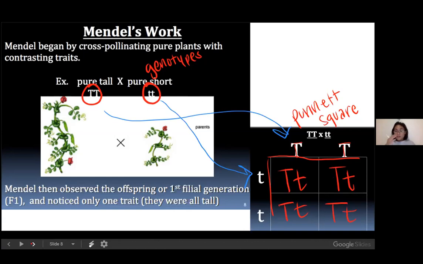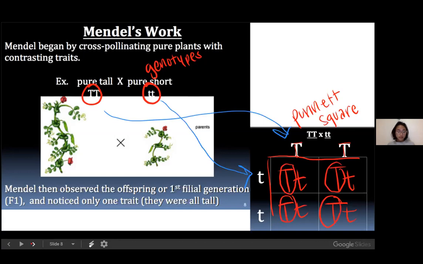Using this simple technique called the Punnett square, just crossing those genotypes downwards and across, you can see exactly what their kids are going to look like. Most of those plants ended up being really tall because of this capital T over here.